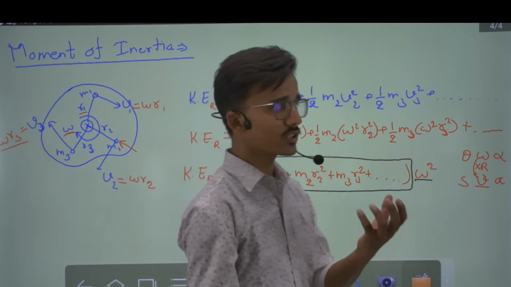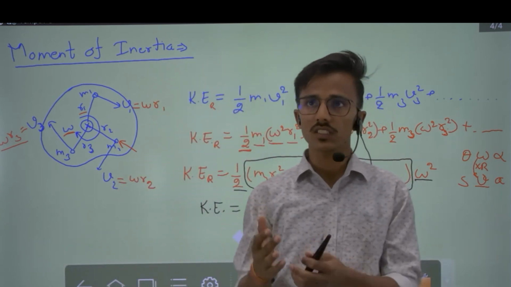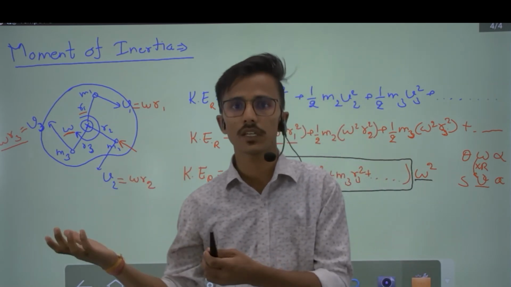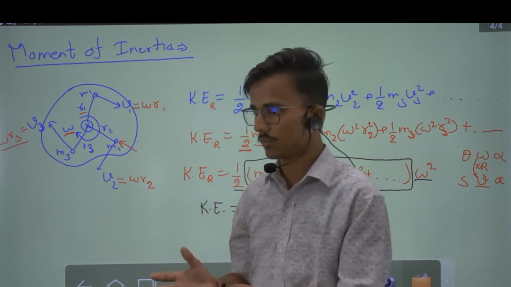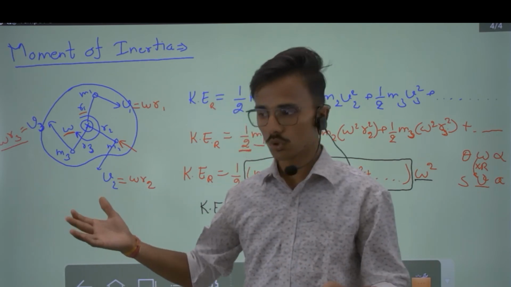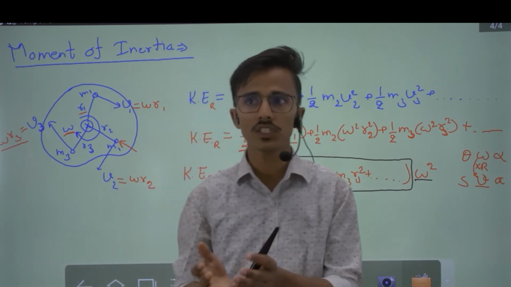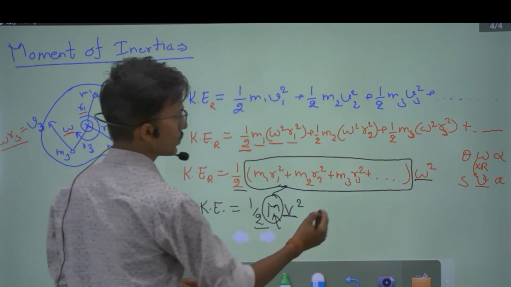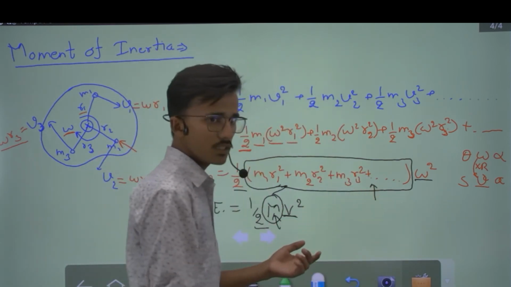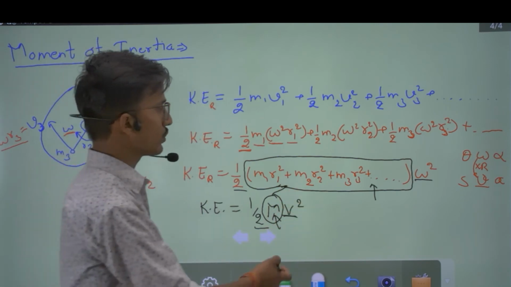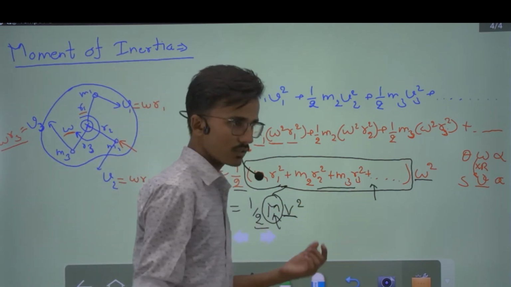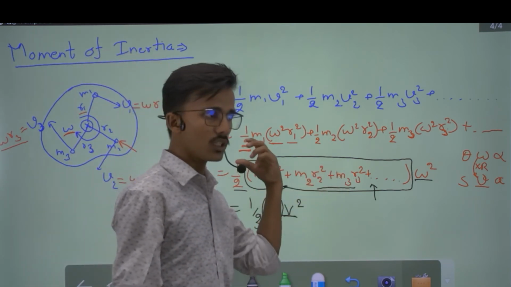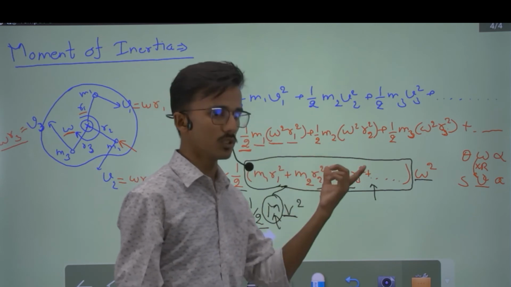In translation motion, what is the work of mass? Mass signifies that we need a higher force to move a higher mass and a lower force to move a lower mass. So the same thing here: if this term is high for a body, then we will need a higher force to rotate that body, and if it is lower, then we will need a lower force to rotate it.